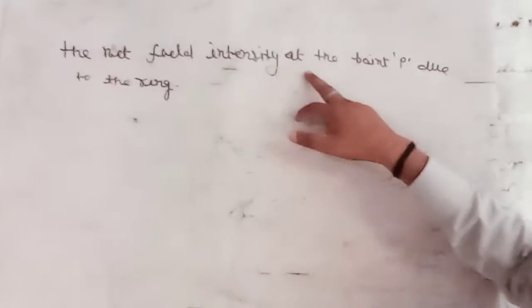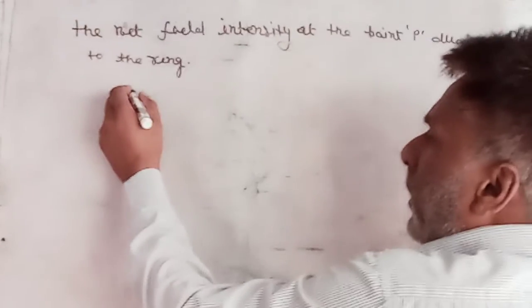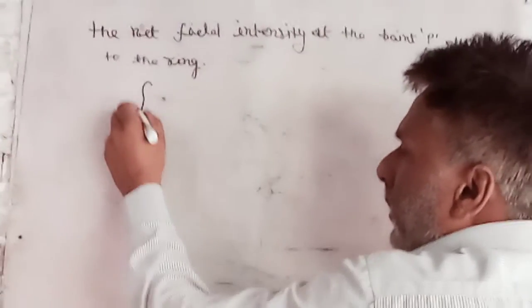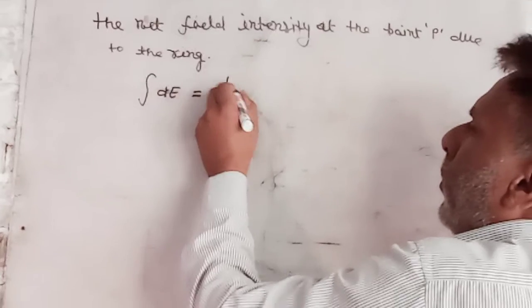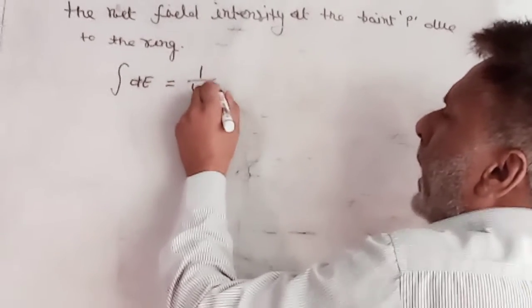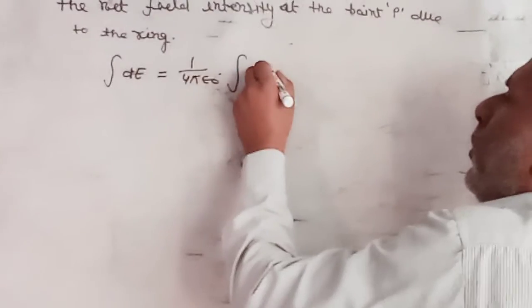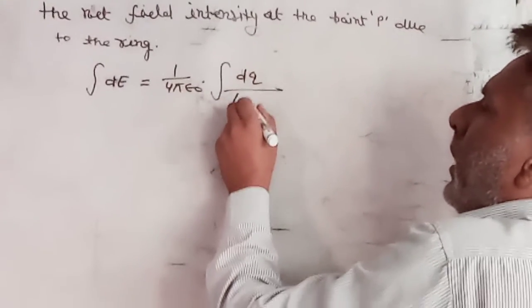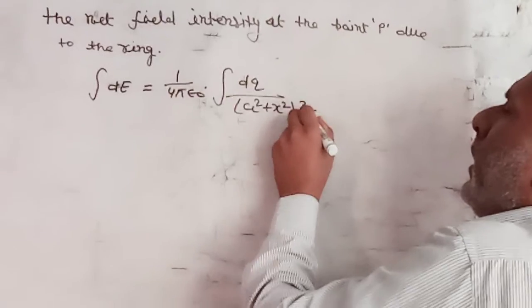The net field intensity at the point P due to the ring: integrate. Integration dE is equal to 1 upon 4 pi epsilon naught integration dq upon a square plus x square power 3 by 2.